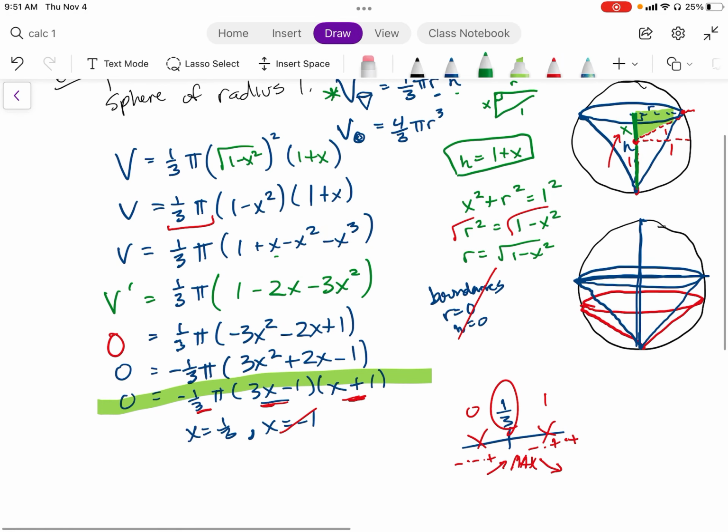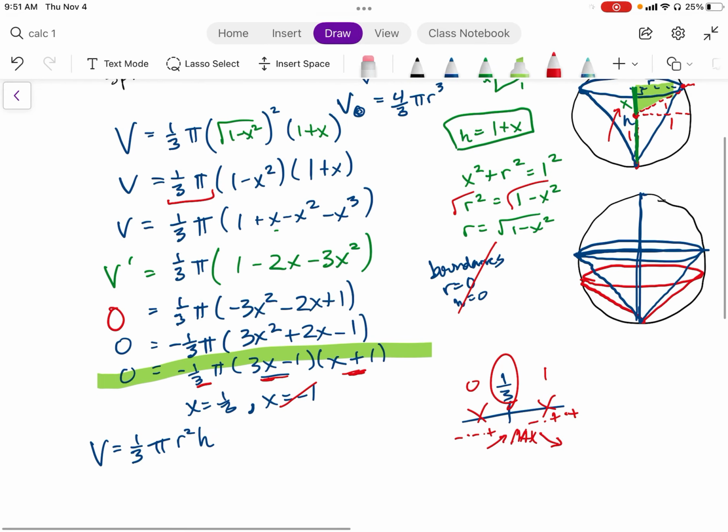Okay, so the overall volume then, volume equals 1/3 pi. Okay, we still need to think what r is, so I'm going to go ahead and write the formula one more time. Okay, I know h, right? H is 4/3. Kind of see that by looking at the picture.